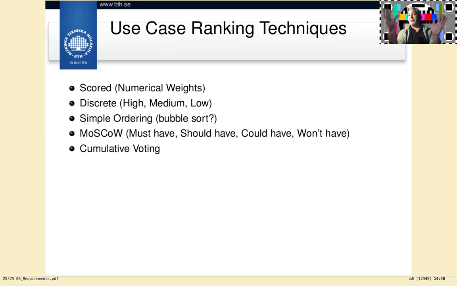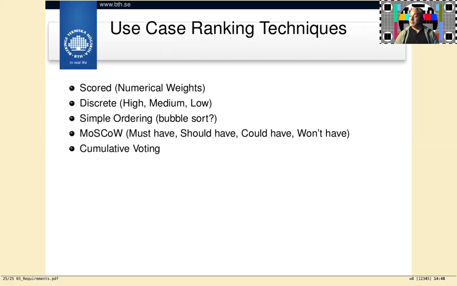But you only have your 100 points. It's also called the $100 method because, well, 100 points, $100. In the end, what you have is an ordered list there as well, and you have a ratio scale so that you can say that one requirement is twice as important as another requirement. For why you would need that, I don't know, but you can at least do that.